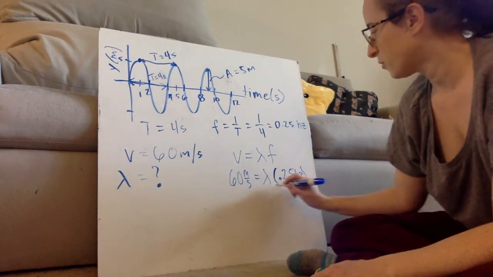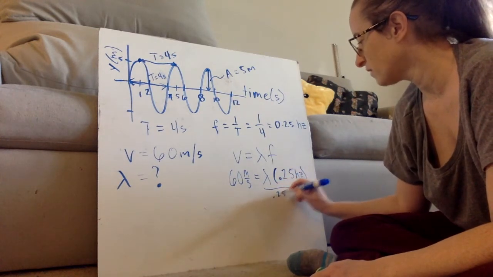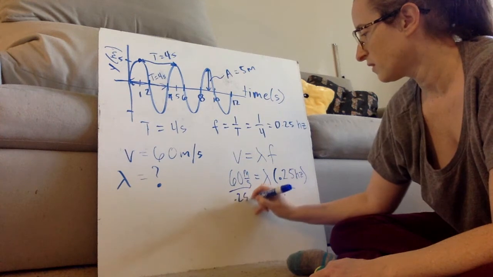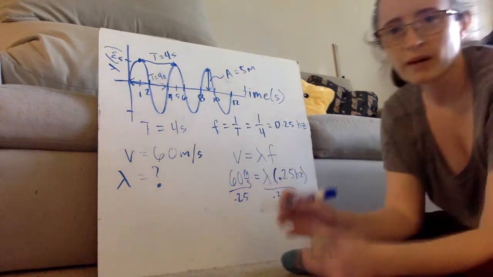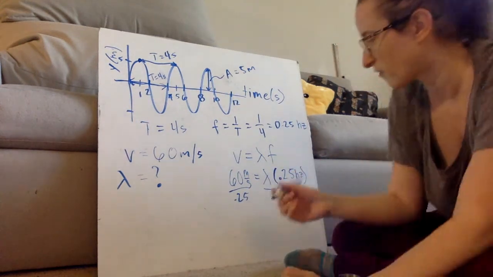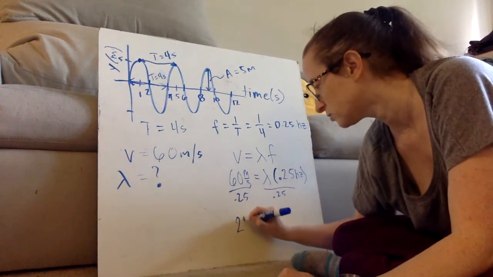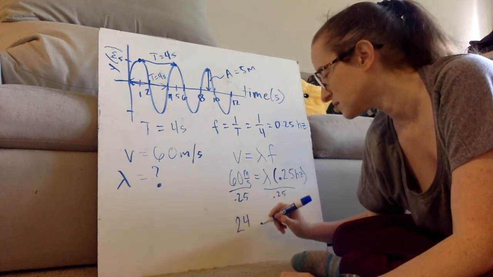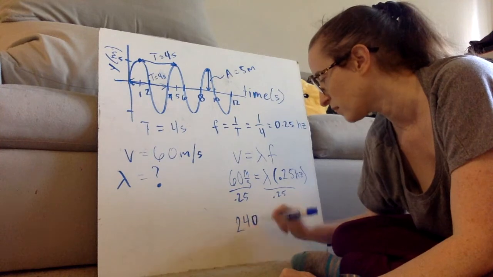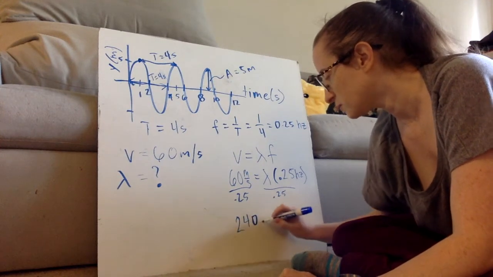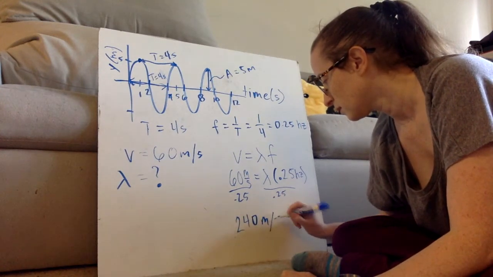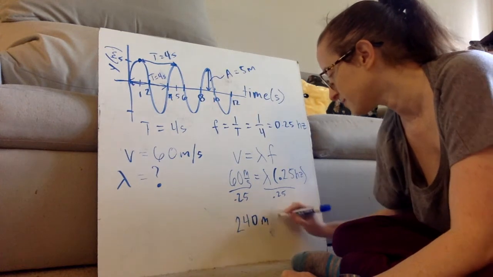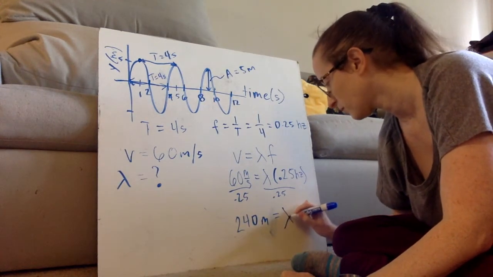We are going to divide both sides by 0.25. If you're dividing by 1/4, it's the same thing as multiplying by 4. So 6 times 4 is 24, and then we've got a 0 there. So that becomes 240 meters is equal to our wavelength.